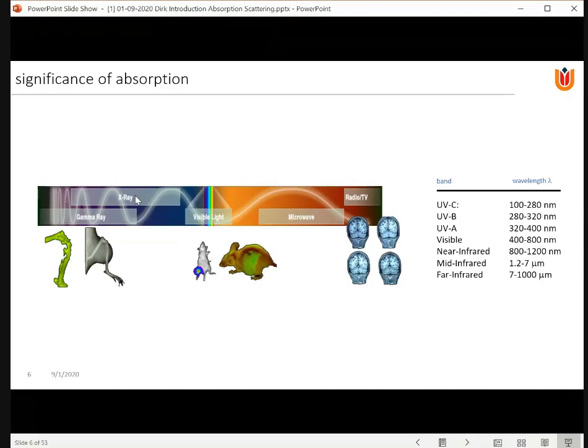Wavelength, yes, of course, that is correct, but let's say that CT and SPECT are really on the left-hand side of the spectrum, MRI is really on the right-hand side of the spectrum, and optical is visible, smack in the middle.